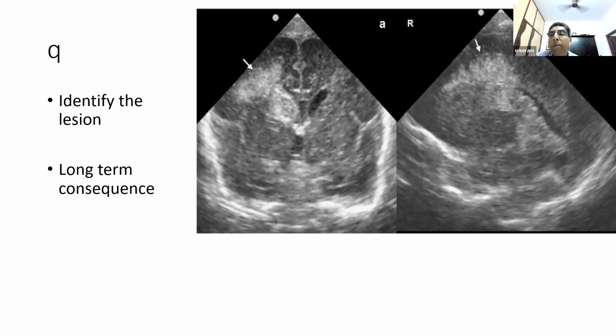Yeah, what type of CP? Yeah, CP, what type? It's unilateral, isn't it? Hemiplegic. That's the right answer. So hemiplegic type.